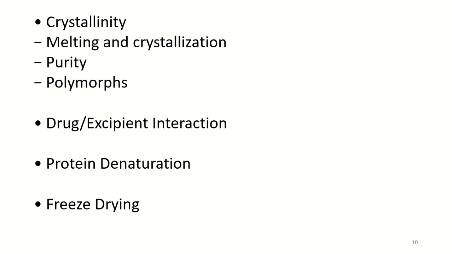These two techniques are used together to find the exact melting point of any particular crystalline material or amorphous compound. And moreover, it would also help us to find out the crystallization temperature of many inorganic compounds.